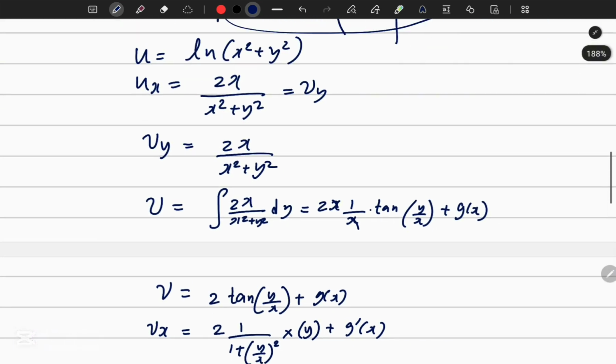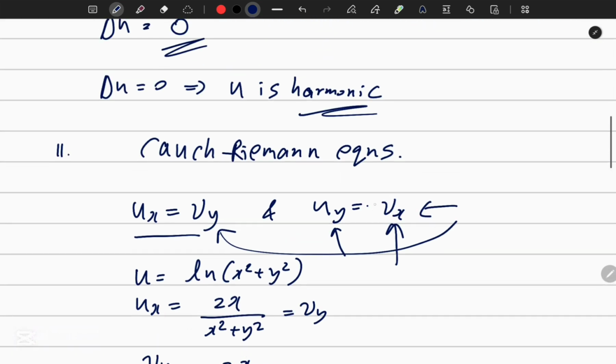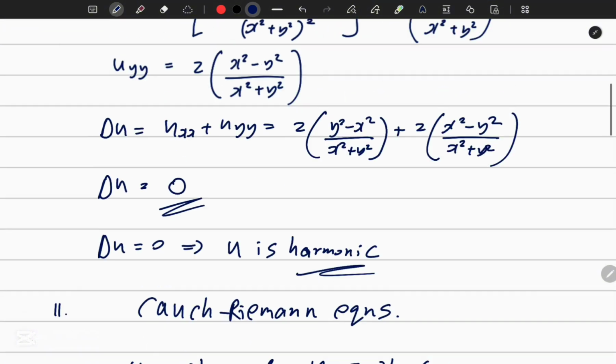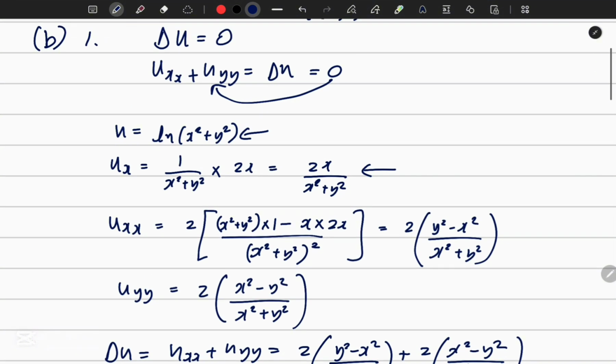I know that v_x equals minus u_y. So what is u_y? u_y is 2y over (x² + y²).